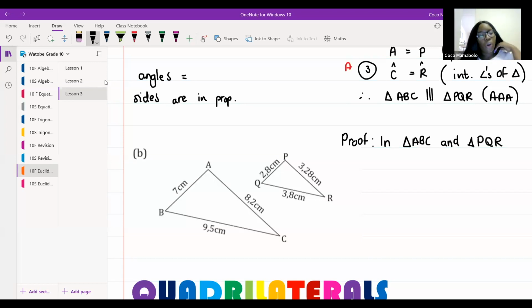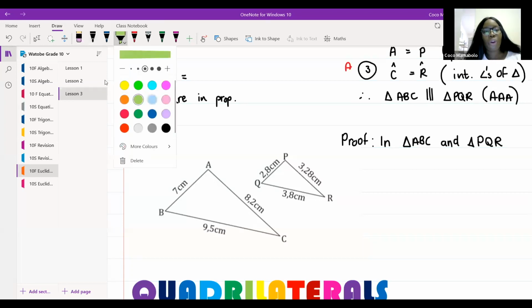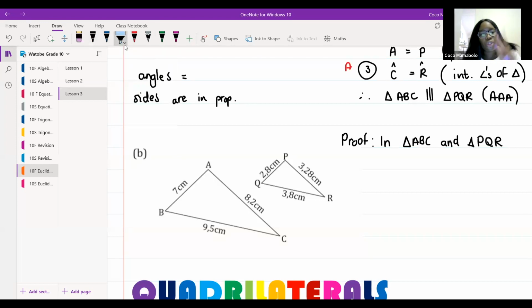So now we know, because we're looking for our sides to be in proportion, we're going to start with the first two letters. AB, tell me in the chat, which side in our triangle will AB correspond to? Have a look.